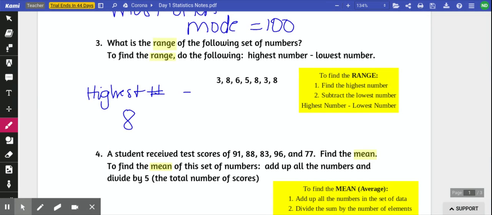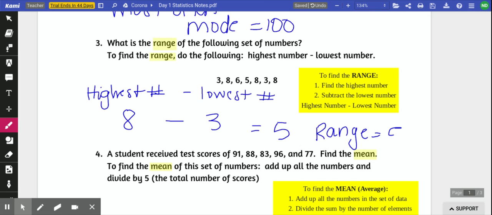Then I have to subtract my lowest number, which in this case is 3. Then I'm simply subtracting 8 minus 3, which is 5. So my range for this set of data is equal to 5.